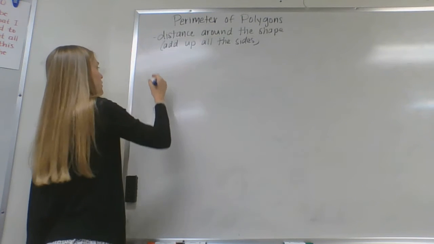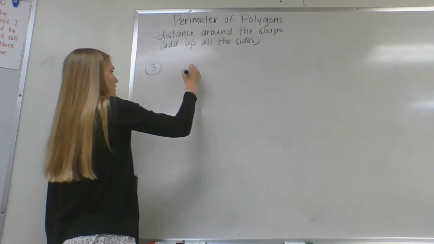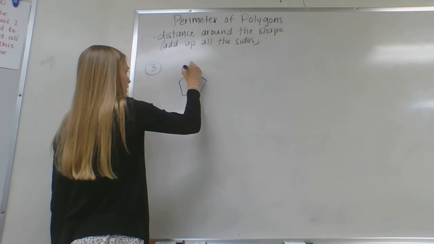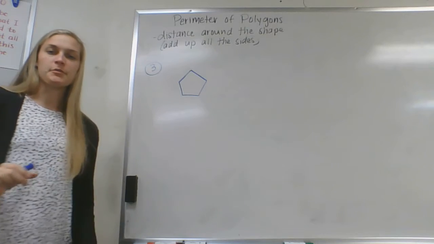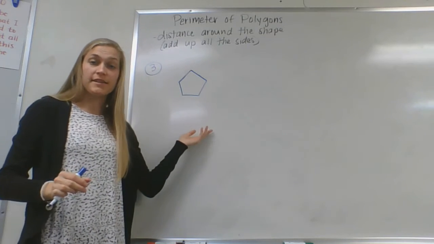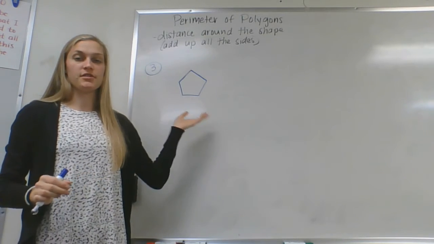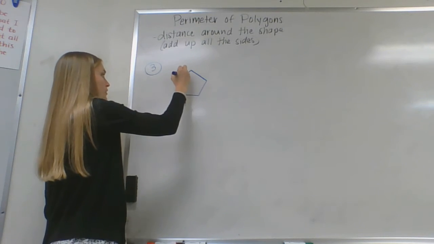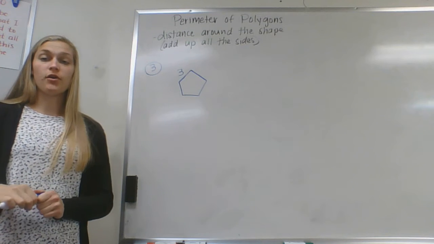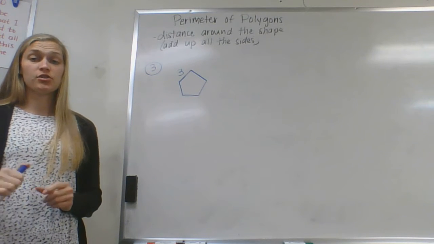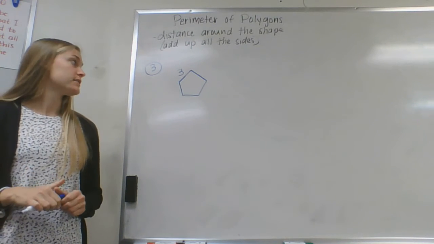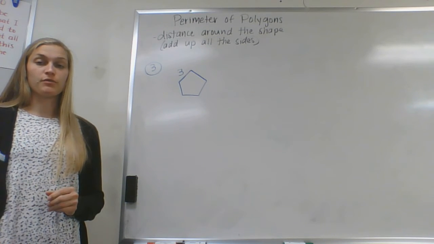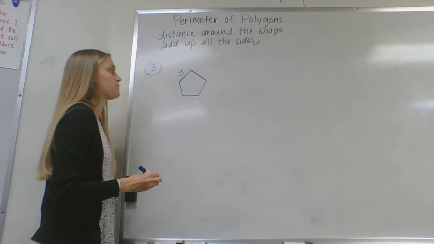Okay, so example 3, I'm going to give you a pentagon. Now my drawings are never perfect, so we're just going to pretend this is regular, which means all the sides are the same length. So if I give you one side is 3, even though I didn't label all the sides, you should still be able to tell me what the perimeter of this pentagon is, just based on the fact that I told you it's a regular pentagon.